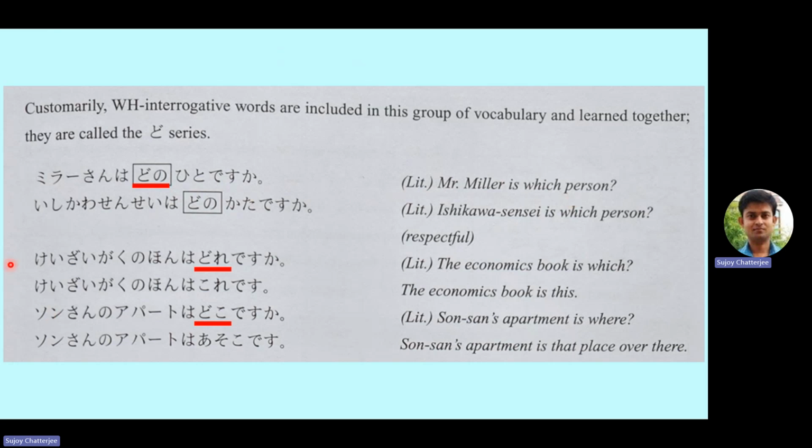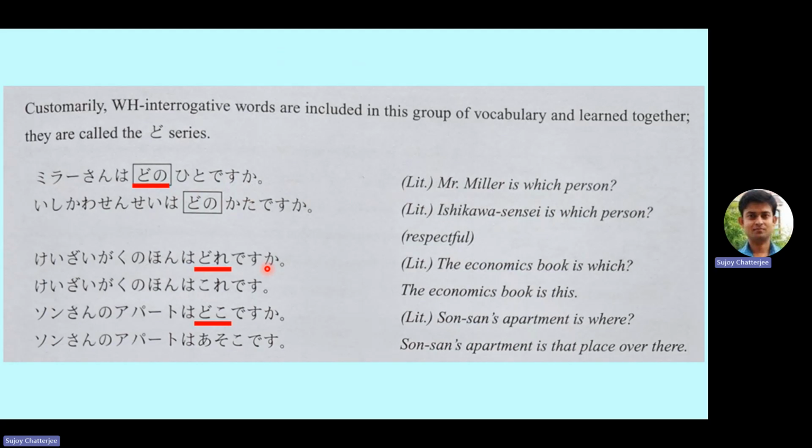Similarly, now you see here Keizai gaku. Keizai gaku means economics. Keizai gaku no hon wa dore desu ka? That means which is the economics book? Which book is the economics book? So this is dore because the answer will be given in kore, sore, are.